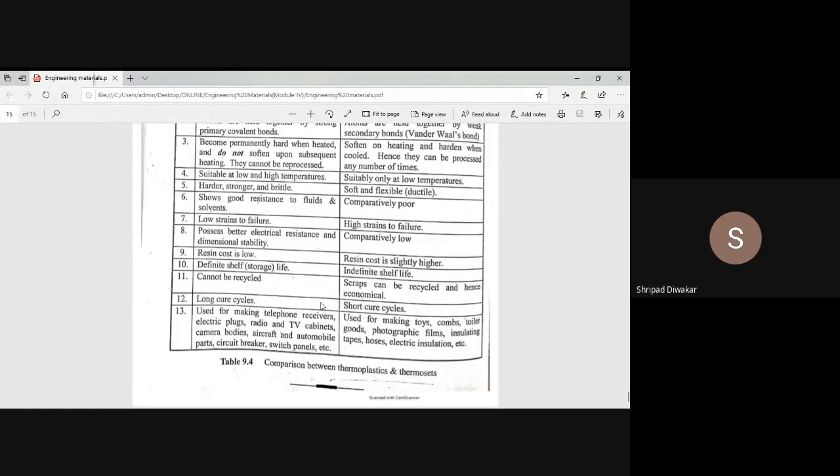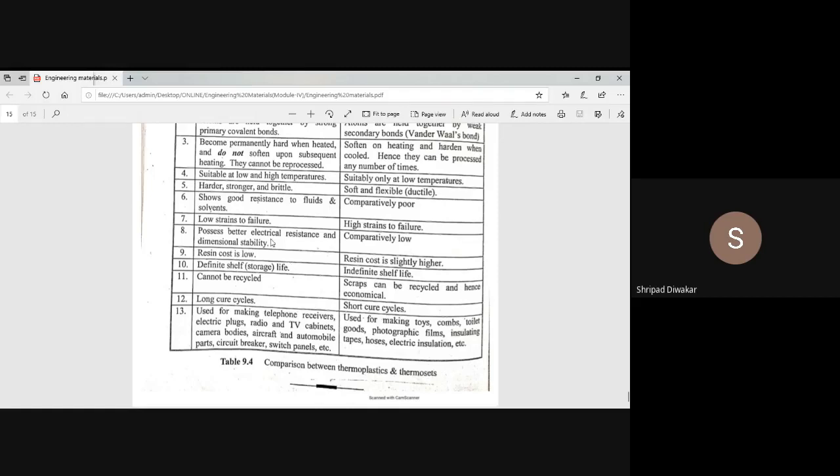On the other hand, thermoplastics are mainly used for making toys, combs, toilet goods, insulating tapes, and hoses, where the strength is less. For hard bodies, we prefer thermoset plastics.